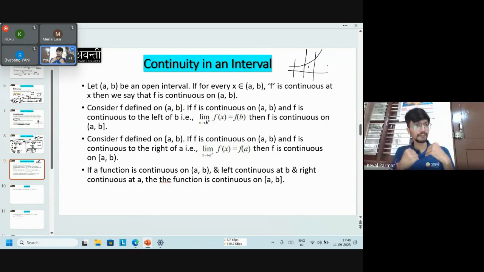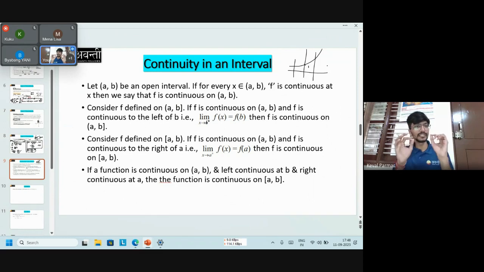But if my function is a piecewise defined function, meaning the definition changes at some point, then I need to check for continuity at that point, the point where the functional definition changes. Got it? So no need to calculate continuity at every point in an interval.